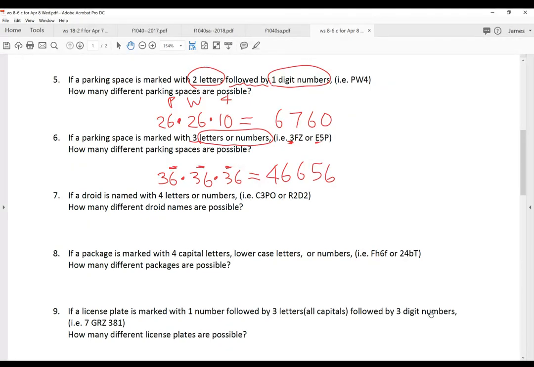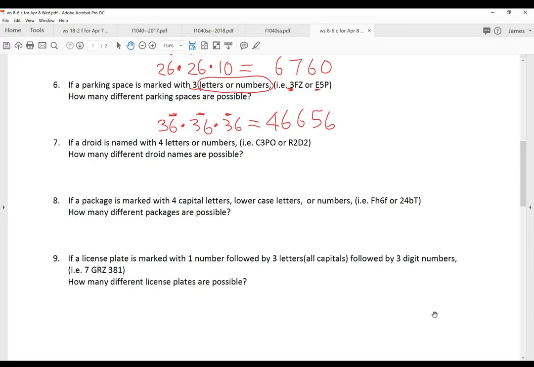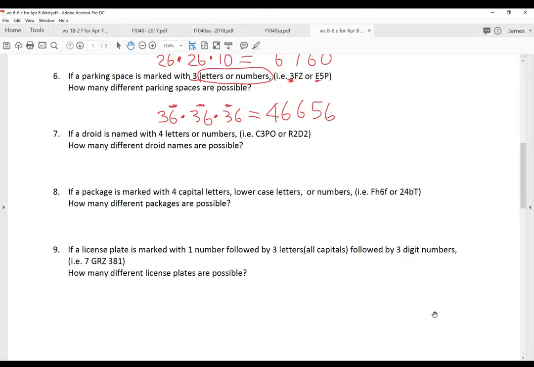Okay, number 8. Now this time a package is marked with, no wait, sorry, 4 spaces to fill, but it could be either capital letters, lowercase letters, or it could be numbers. So instead of number 6 could be letter or number. Now it's either capital letter or lowercase letter or number.